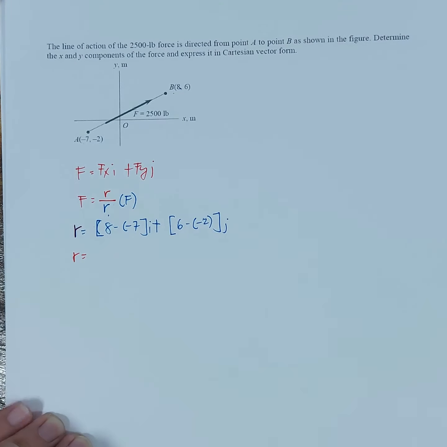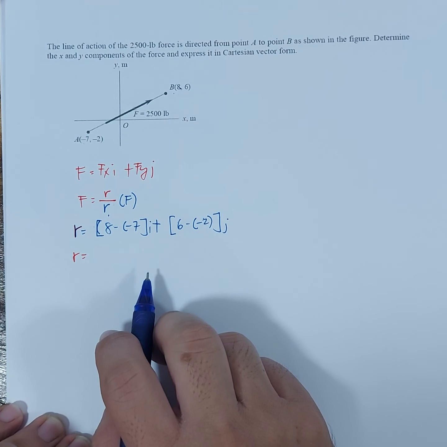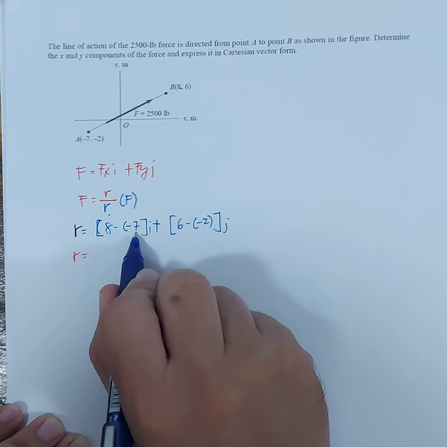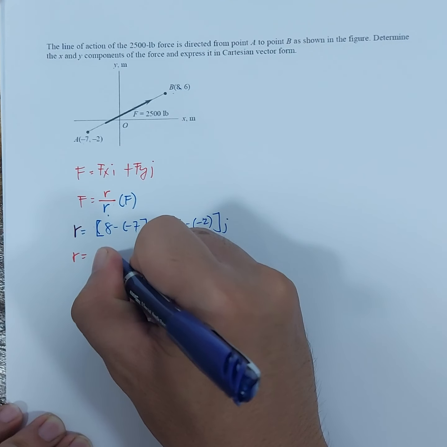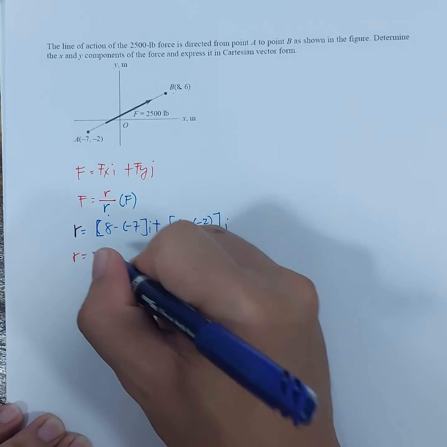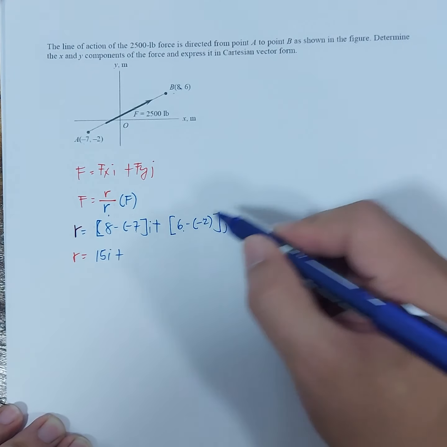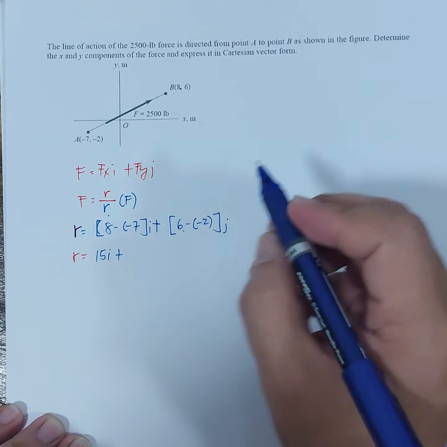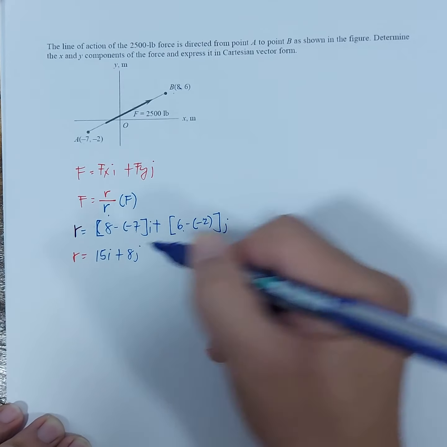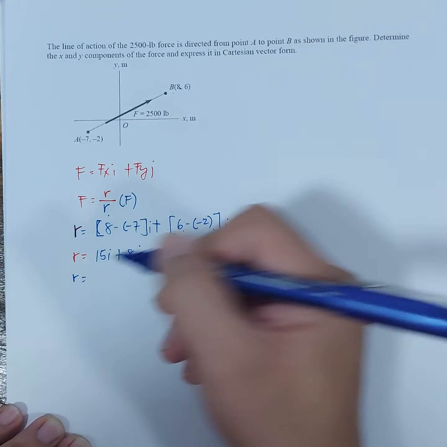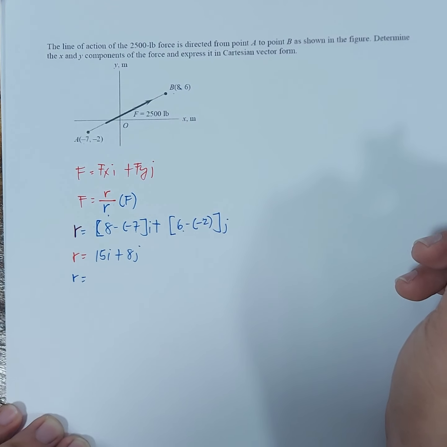Now, R is equal to 15. So, 8 plus 7, 15i plus 6 minus negative 2 is 8j.